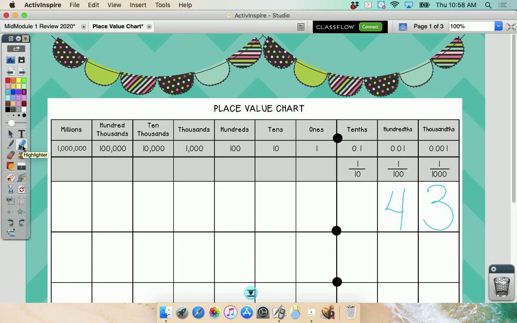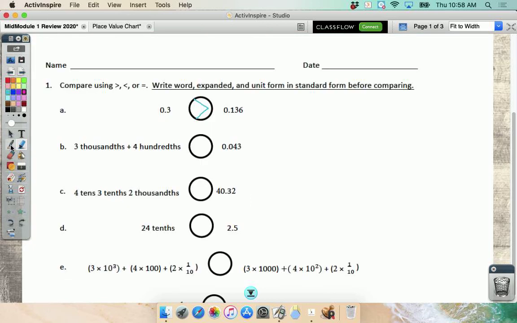And then what will I fill in with? Zeros? So what's the answer to the second one? They're equal. Oh. Because that's the number I just wrote on my place value chart, isn't it? Okay, so let's take a look at the next one.